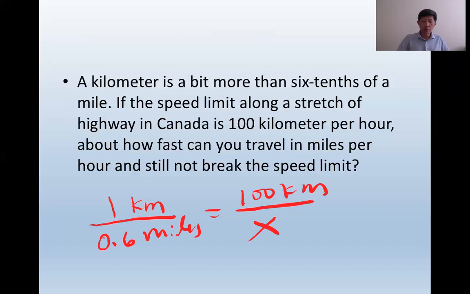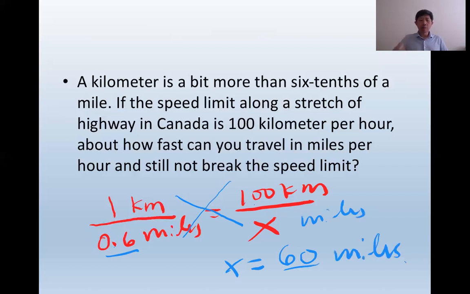Again here, we cross multiply. So therefore, we have 1 times X, which is X. 0.6 times 100, which is 60, right? So X is equal to how many miles? 60 miles, right?